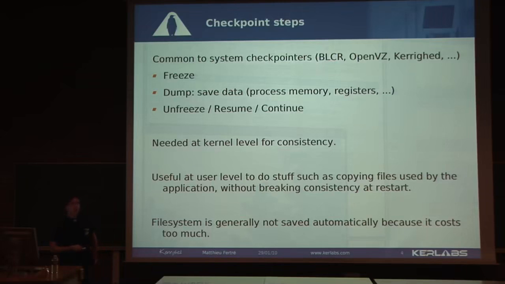And finally, you will let your application resume. These steps are needed at kernel level for consistency, because if you checkpoint the process without first stopping the application, you won't be able to restart it consistently.